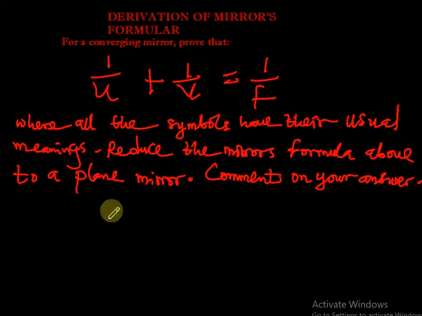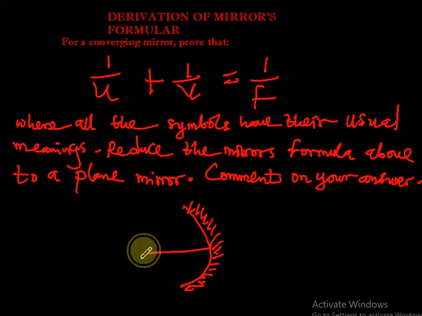So let's have this. For this now we can have the length, which is the basis of the diagram. Now you can have a mirror in this form. This is a converging mirror, so you have this. At the middle you have your straight line, and at this point is where the object is located.